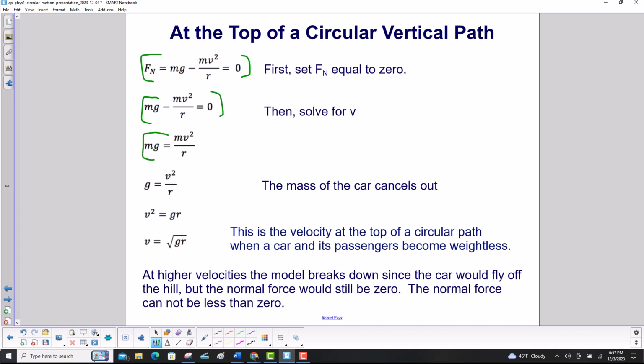The masses cancel out. g is v squared over r, and finally we get v is the square root of gr. This is the velocity at the top of a circular path when a car and its passengers become weightless. At higher velocities, the model breaks down since the car would fly off the hill, but the normal force would still be zero. The normal force cannot be less than zero.